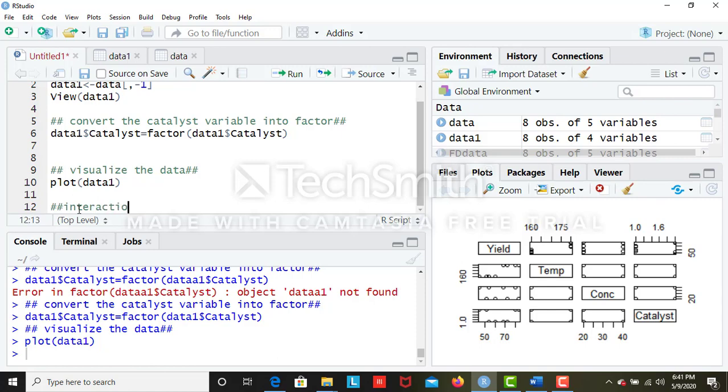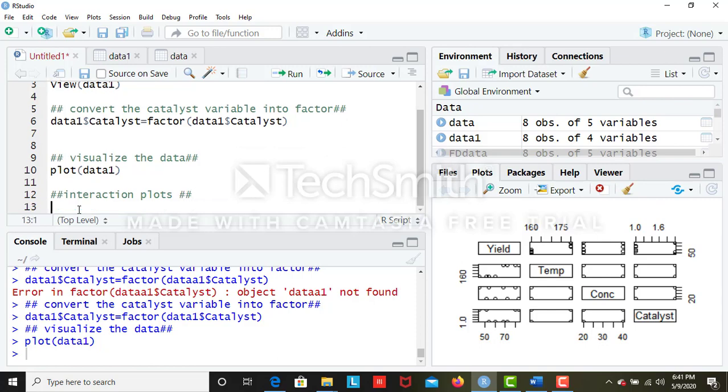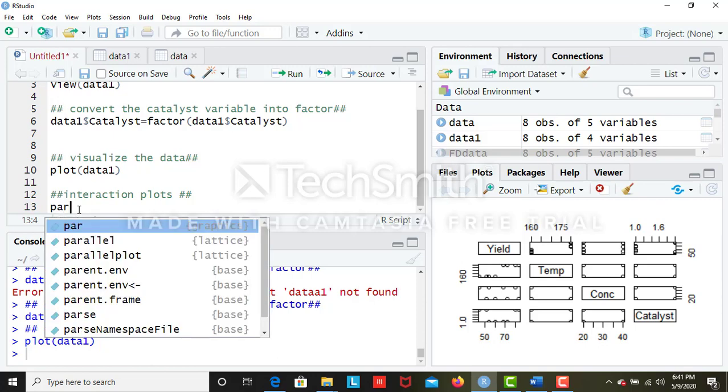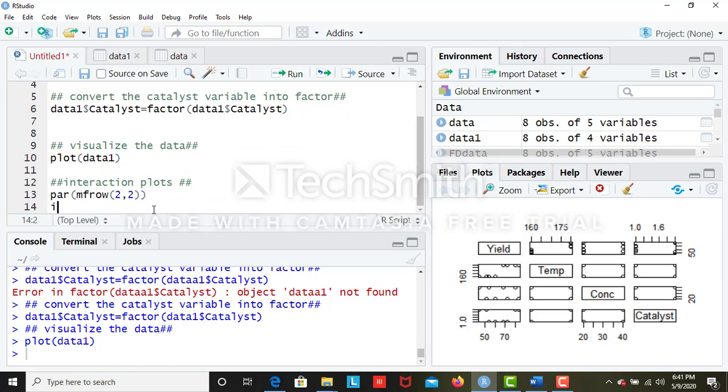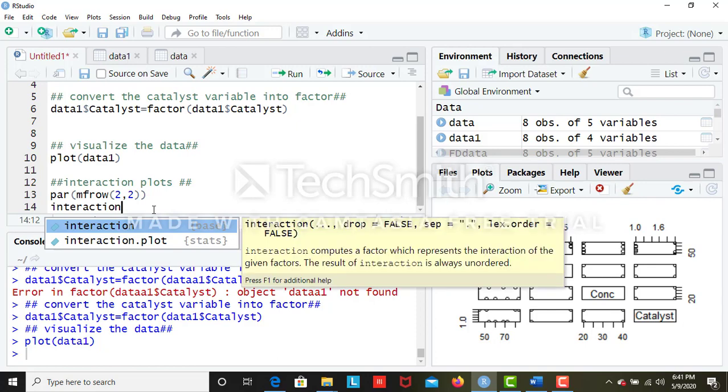So here I'm going to have an interaction plot. I'm going to have par mfrow 2,2, then interaction dot plot.